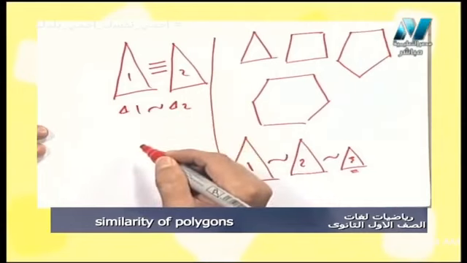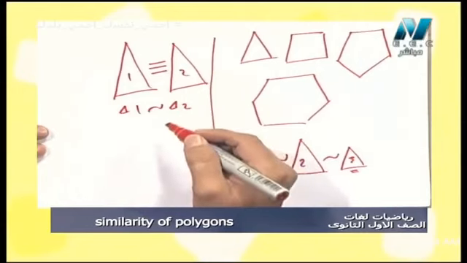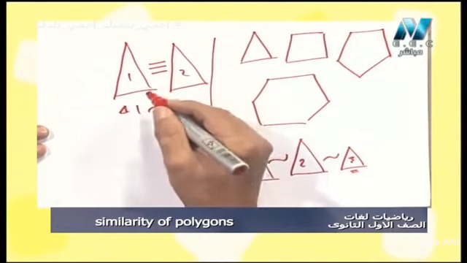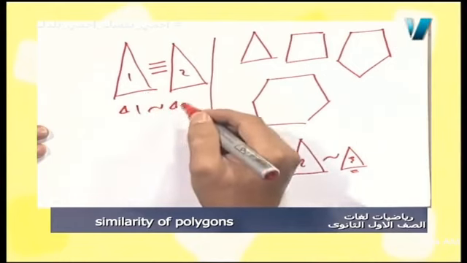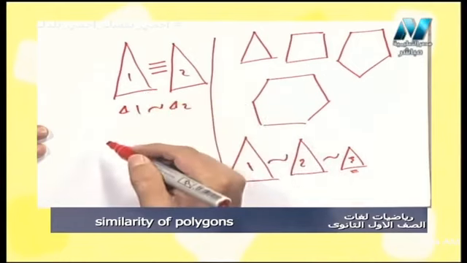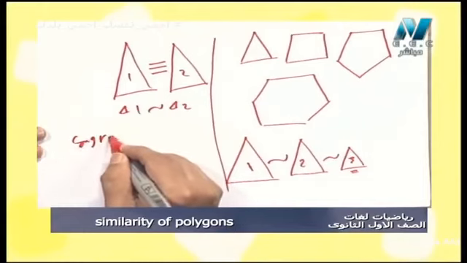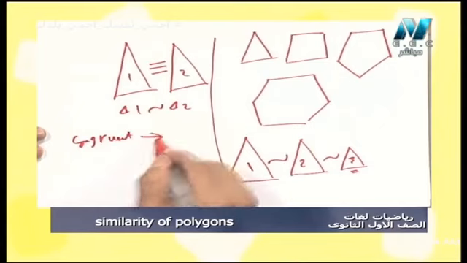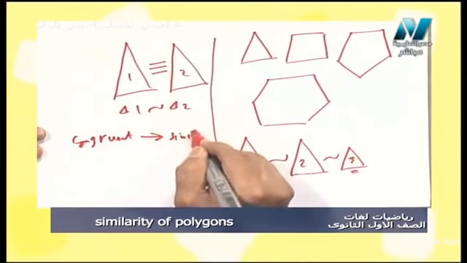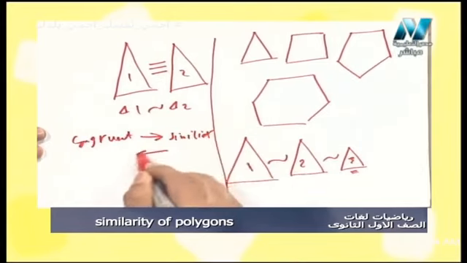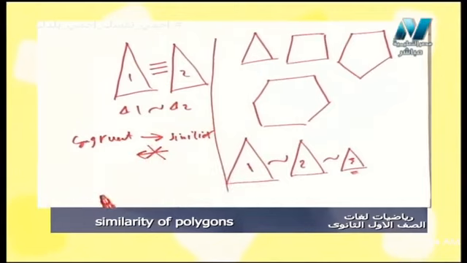But if we have two similar polygons, it is not necessary for them to be congruent. Okay, that means that congruent leads to similar, but vice versa is not true. Okay, let's move to an example here.